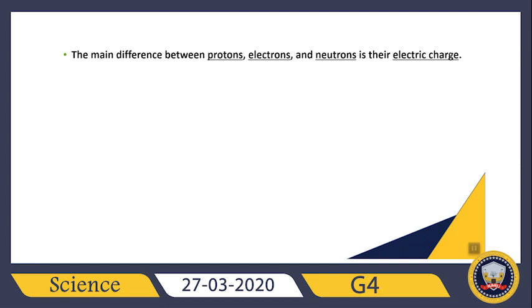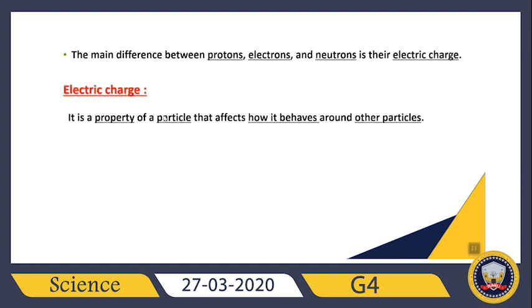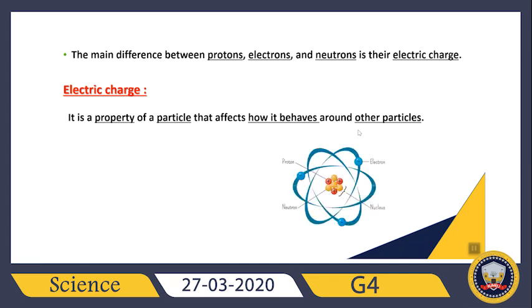The electric charge is a property of a particle. Particle here refers to an electron, a proton, or a neutron, any one of these. It is the property of a particle that affects how it behaves around other particles.